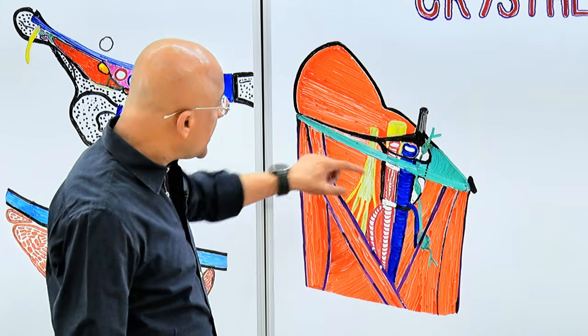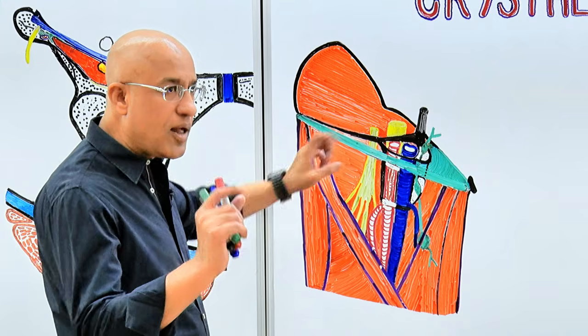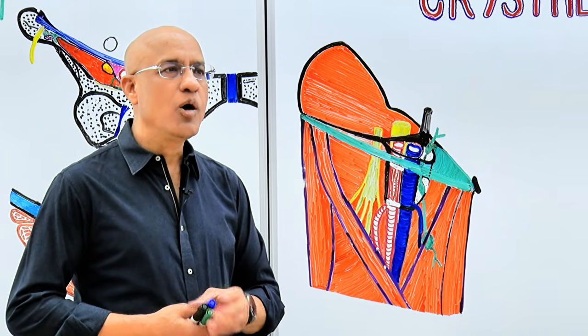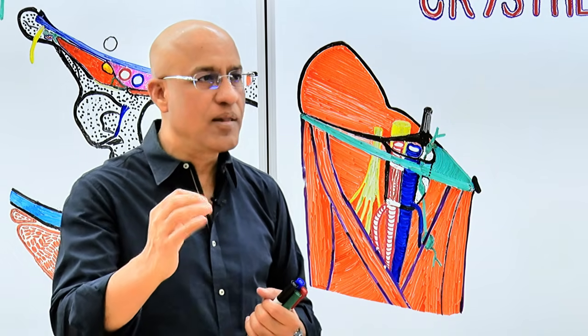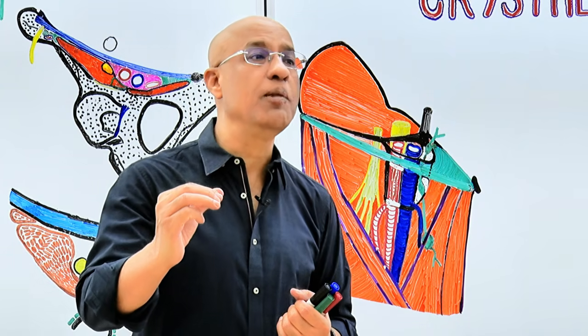So there are so many traps around this area. I will discuss every trap in detail, but first we should know how to find exactly in a given patient where the femoral artery is and how to palpate it, right.